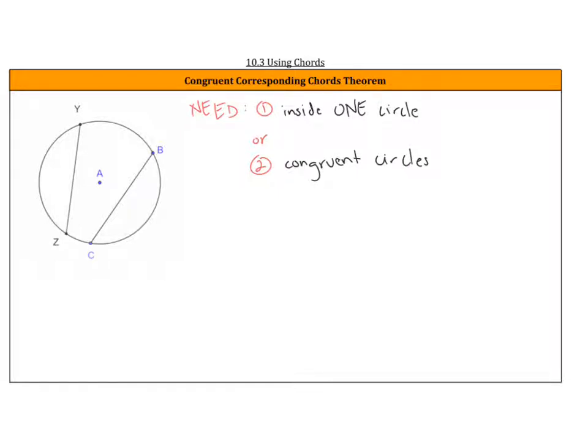But so long as we are in either of these situations, whether it is case 1, inside one circle, or case 2, congruent circles, we can go ahead and use this theorem.